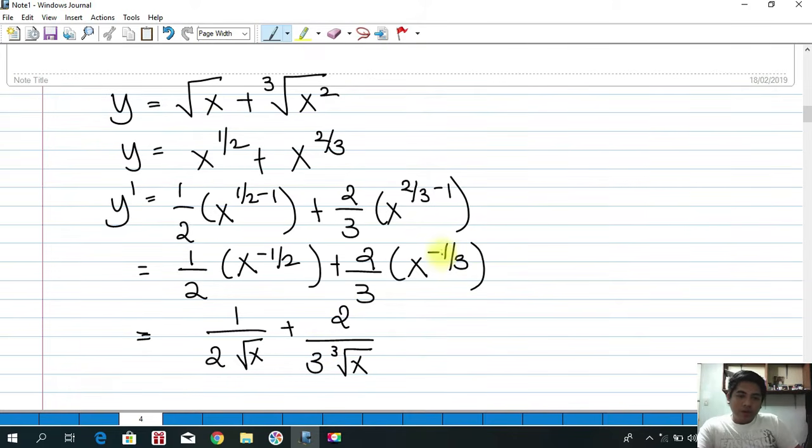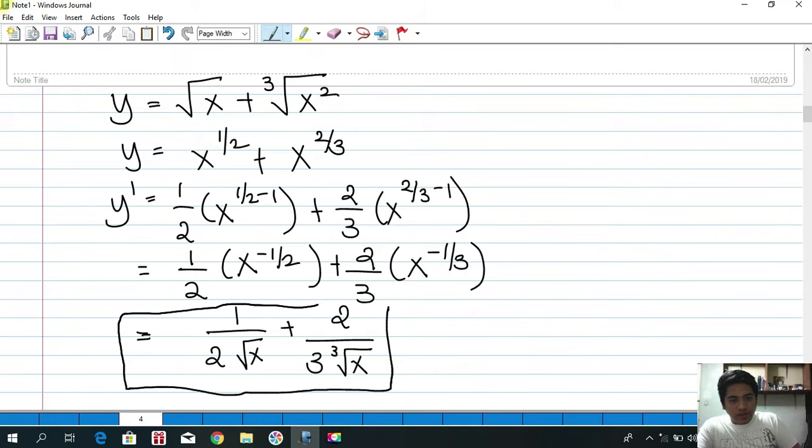Cube root because we have the denominator here, which is 3, and that corresponds to our cube. And because we get the reciprocal of this, the negative here is eliminated. It becomes a positive 1, so that the exponent 1 is inside this x. So that we have our answer for the derivative of this example.